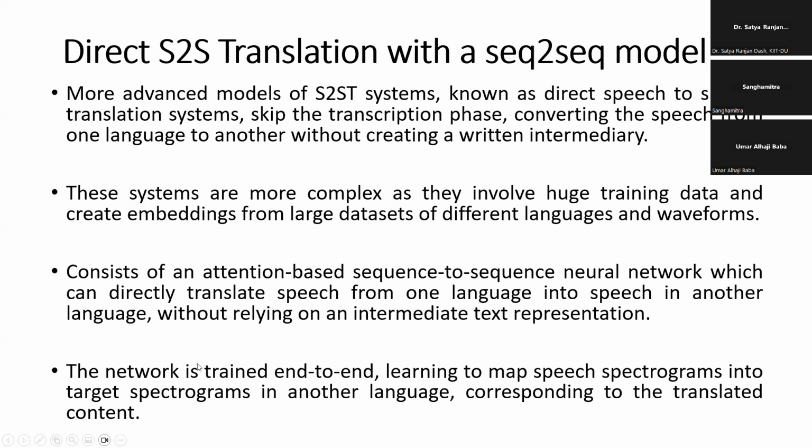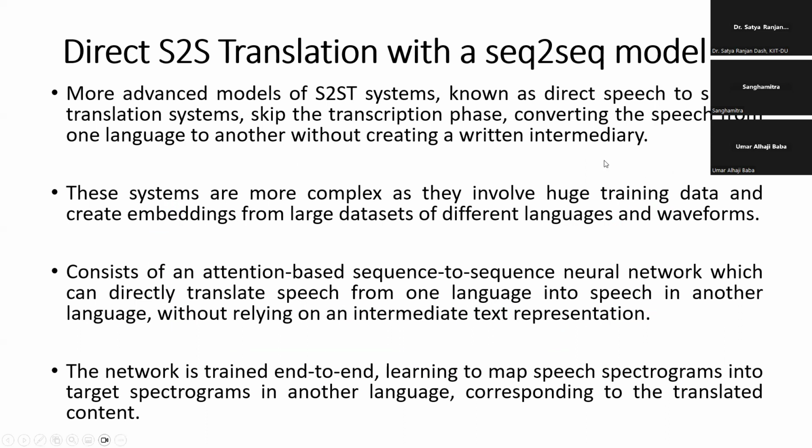I'll be talking about direct S2S translation systems later on. I'll be giving you some examples of direct S2S systems which are available today or where research is going on. So this is the second approach, which is the direct speech-to-speech translation, which uses a sequence-to-sequence model. Deep learning technology is being used in the direct S2S translation system, where you don't need the intermediate text.